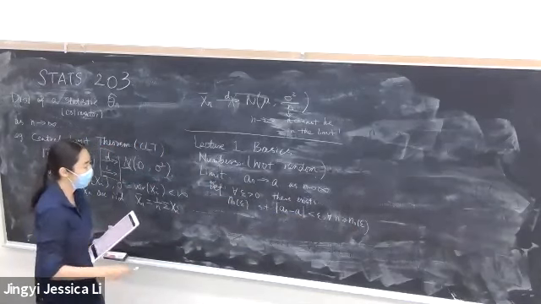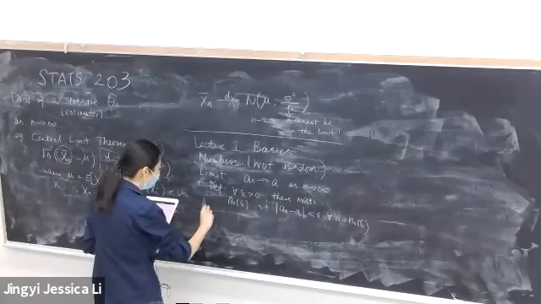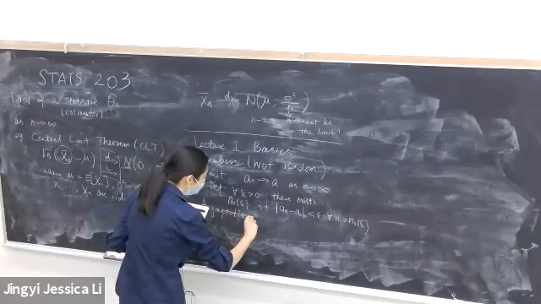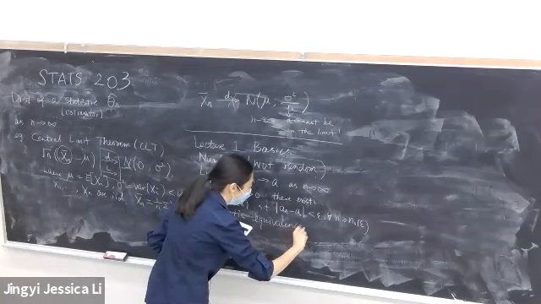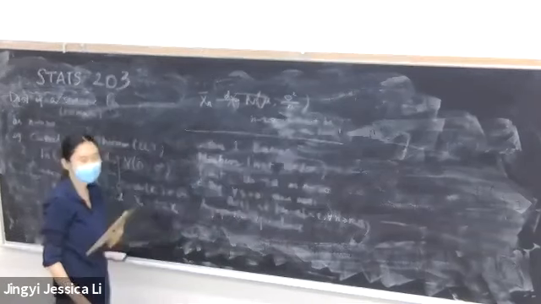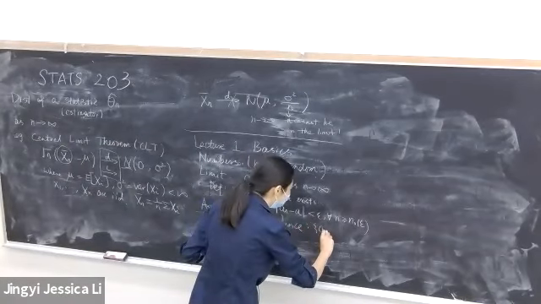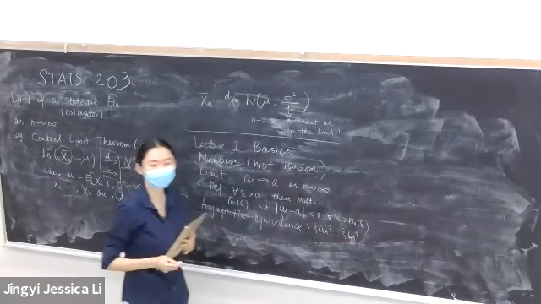So the first concept I want to introduce is what we call the asymptotic equivalence. This is defined between two sequences of numbers, an and bn.